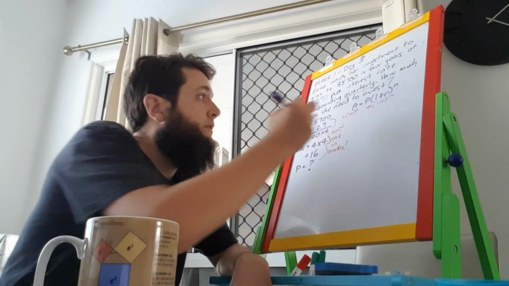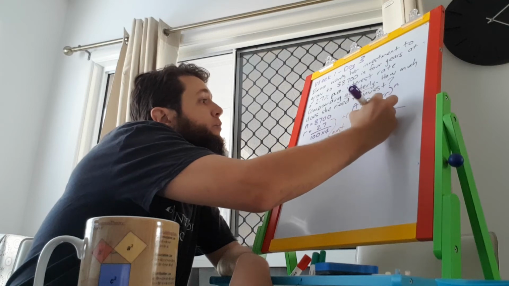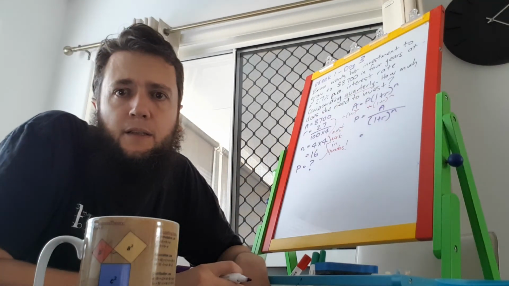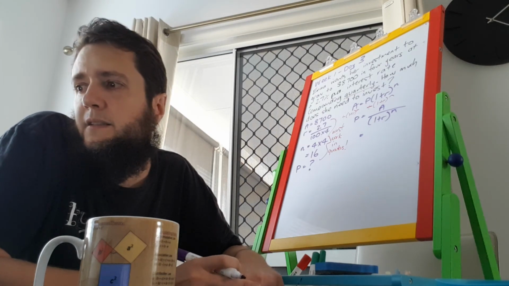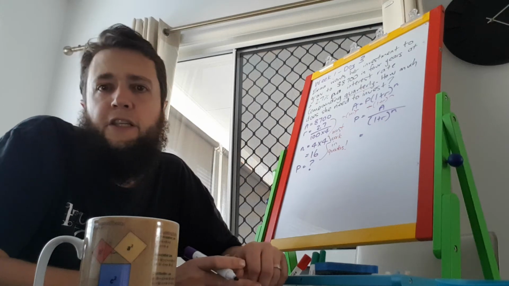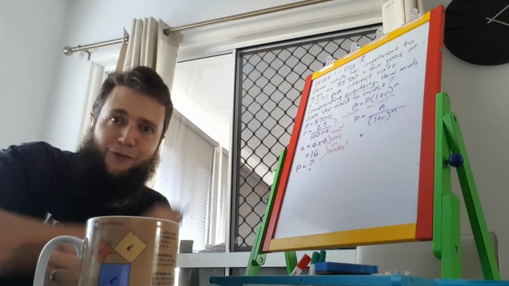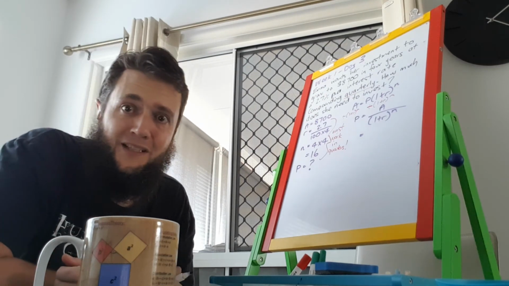And remember, whatever we do to one side of an equation, we have to do to both. What that'll give you is P is going to be equal to A divided by (1 plus R)^N. Why I like that formula is once I've got it, I can just put the values in. In the text example, I think you'll find they put the values in and then they do the same thing. You've still got to divide by that section, but they put the values in first if you want to see it done a different way.